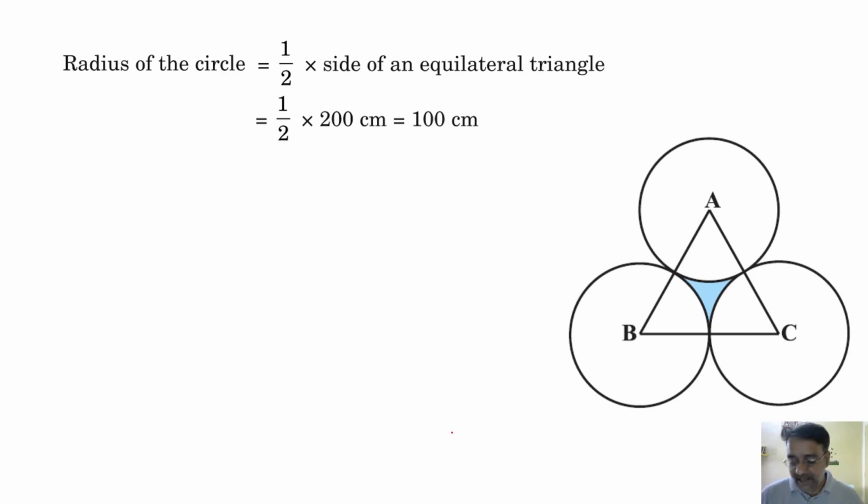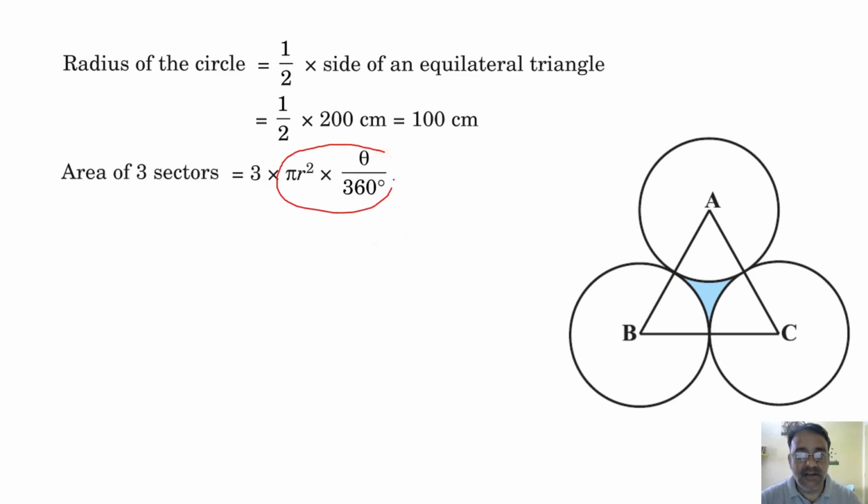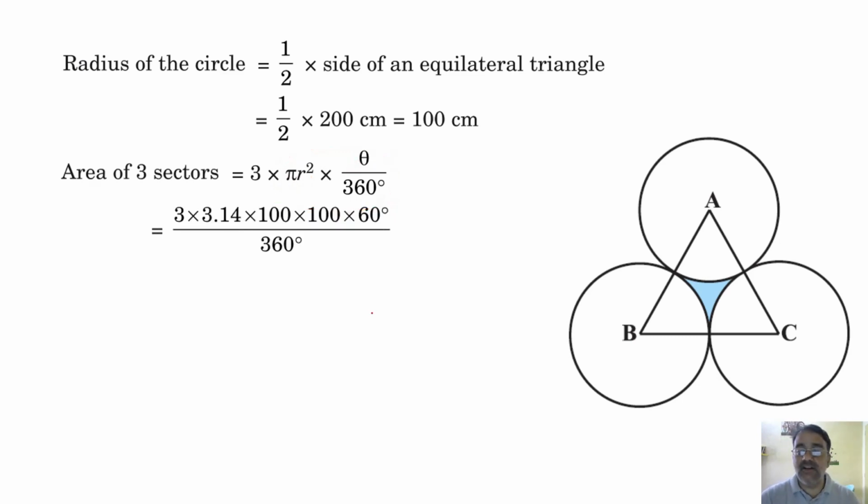Okay. So area of three sectors will be equal to 3 into area of one sector. Area of one sector is pi r square into theta upon 360. Okay. So 3 into 3.14 into 100 into 100 into 60 upon 360. We use 60 because each angle of an equilateral triangle is 60 degree.